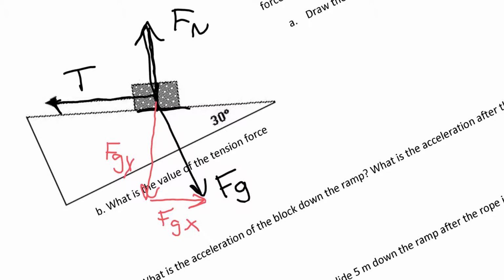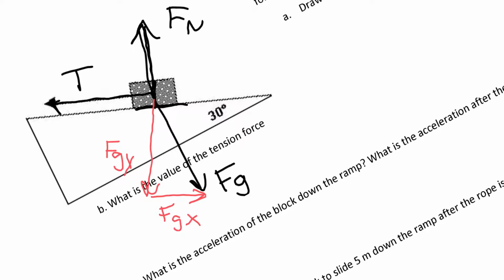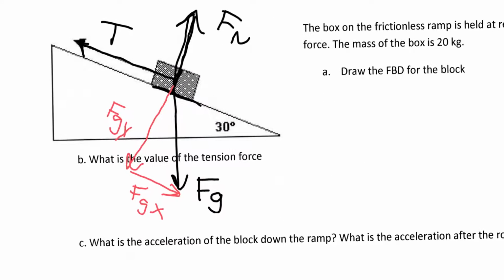Now solving this, it says what is the value for tension? Well, tension is from my F net statement. That's my next step. So I would do F net in the x equals max. What force is going down the ramp? Well, gravity is going down the ramp.